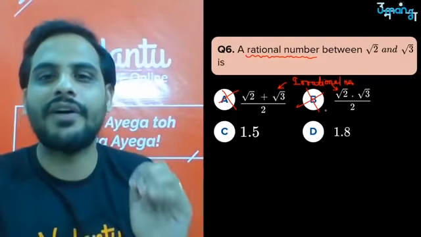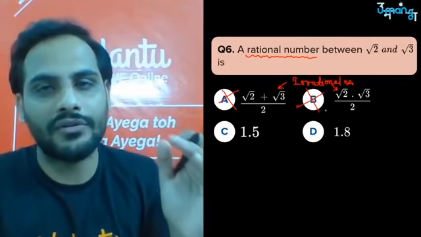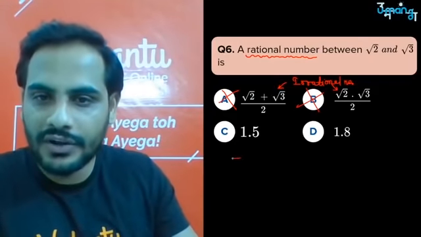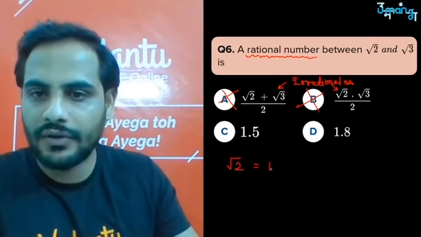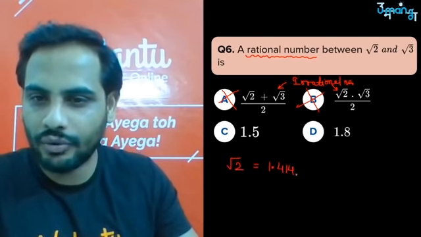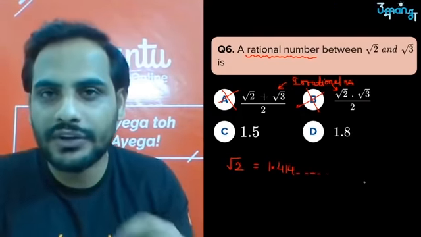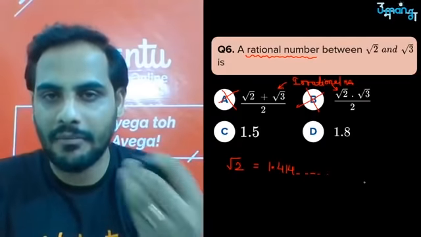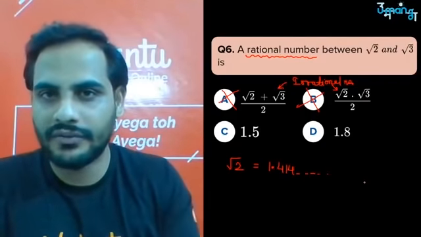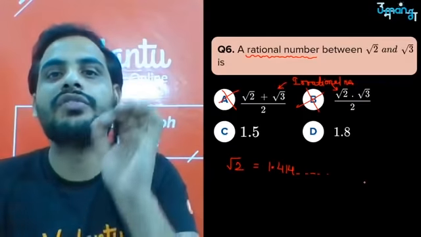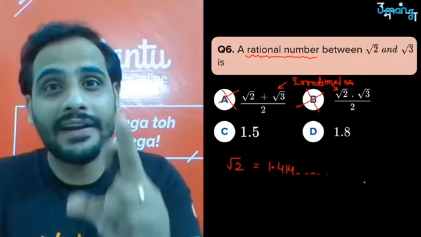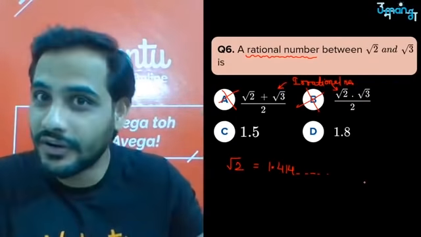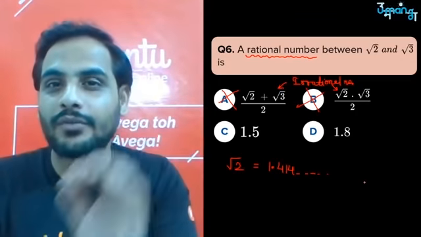Correct? Now we have to find a rational number between square root of 2 and square root of 3. We know that square root of 2 is 1.414 and so on. If you don't know the decimal values, at least remember them for square root of 2 and square root of 3. If you don't understand, use the long division method for finding square roots, which you learned in grade 8 in the topic squares and square roots.